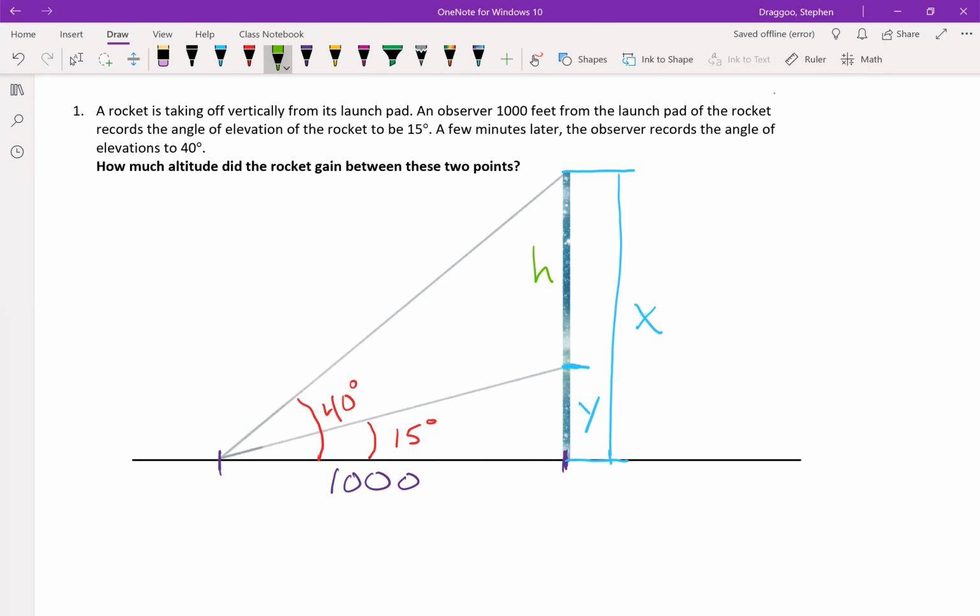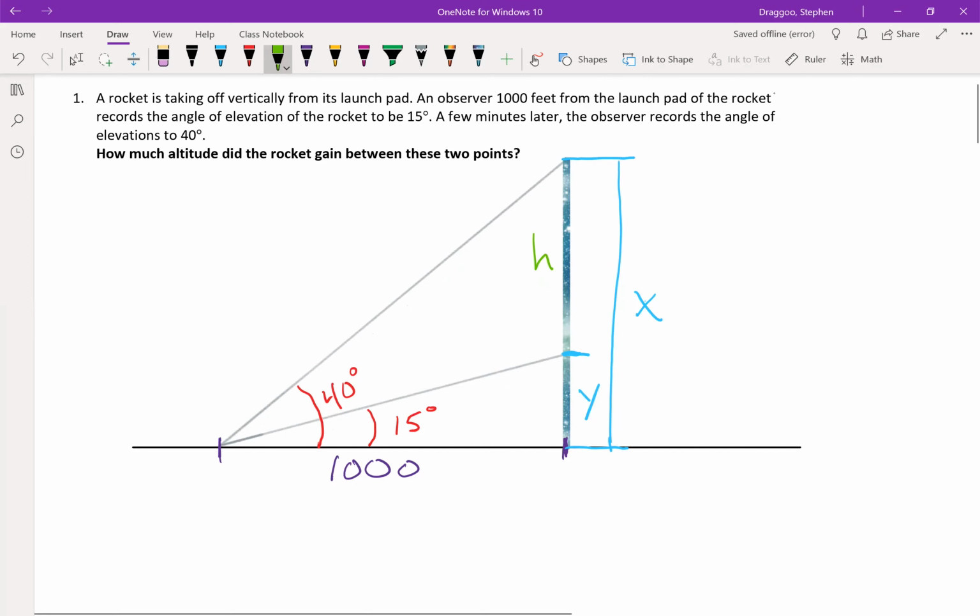So in order to solve for the height, I'm going to need to know both x and y. And given the way I've labeled these, h should be the difference between x and y.